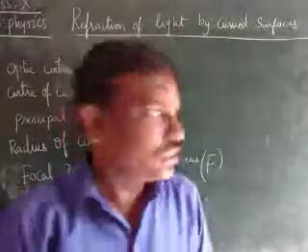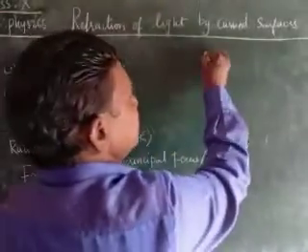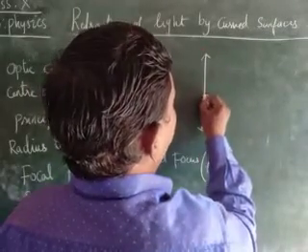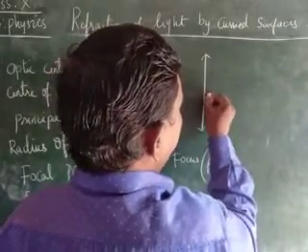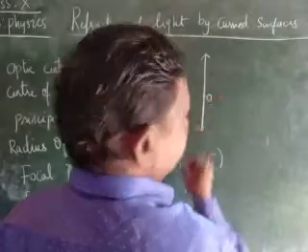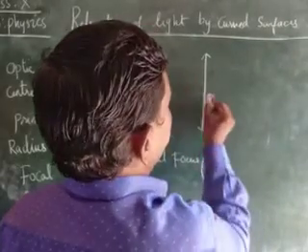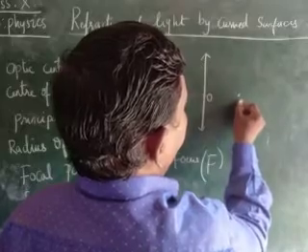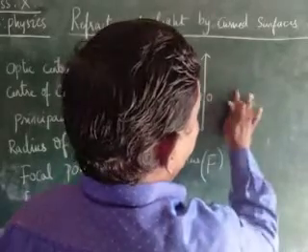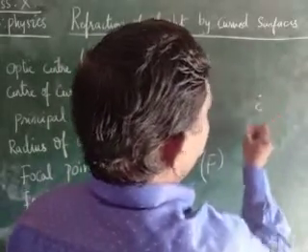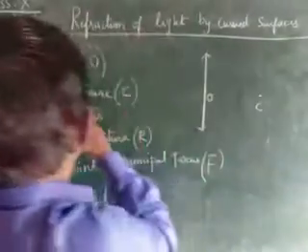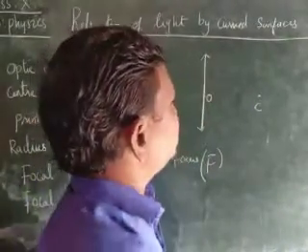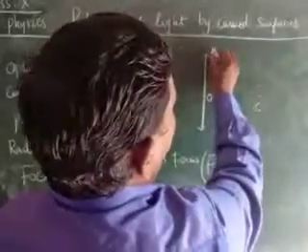Whether it is a convex or a concave lens, the center part we represent by O. O is the optic center. Next, the center of curvature: the center of the sphere of which the lens is a part is called the center of curvature.